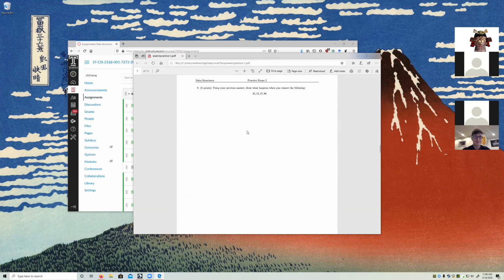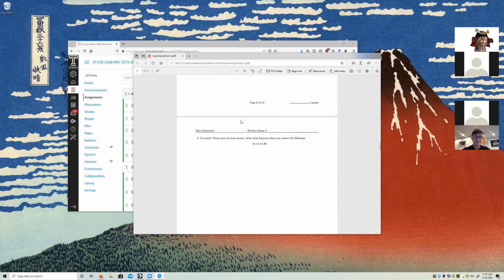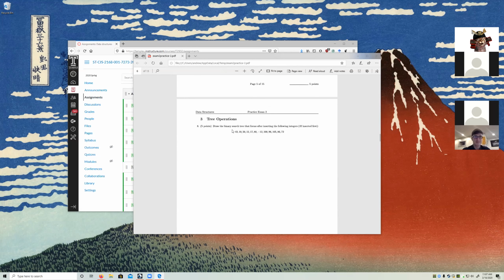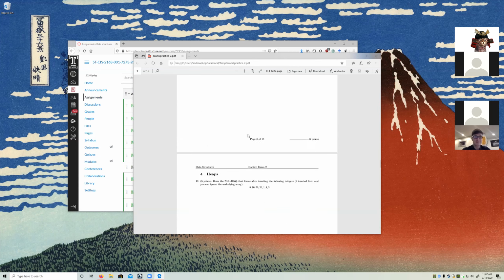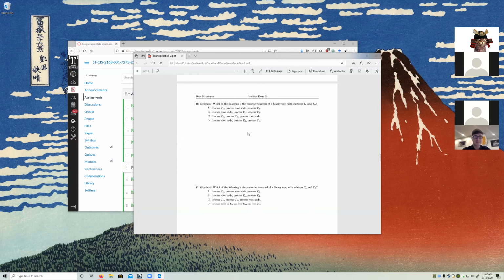Well, I find drawing on a computer to be a bit of a pain, so instead I'll probably give you some kind of multiple choice, like which of the following trees is what we get when we remove these. With this question, I really like the way of, here's a tree, which of these is not a way to build this tree? Which of these items would not have built the tree in this shape?